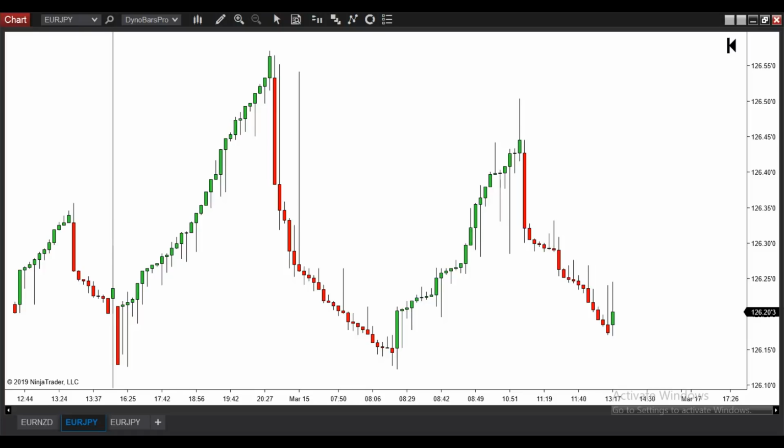This is no longer a bullshit chart. This now is a Dino bars chart, which represents real and true price action in the market. Okay? This is what I like to call professional prop trading firm software used by many of the large prop trading firms in the United States.